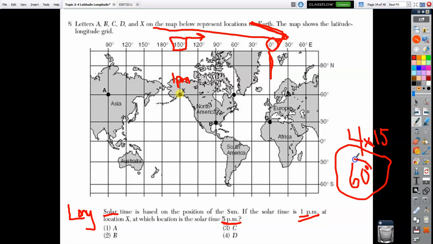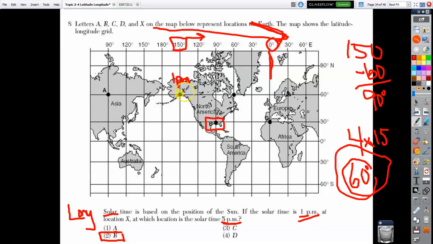You want to subtract this 60 from this 150 because you see how your numbers are decreasing. So what's 150 minus 60? And again, you have a calculator if you need it, but that ends up being 90 degrees. Then I go over to 90 and look down the 90 line for a location. There it is, letter B, which is my answer.